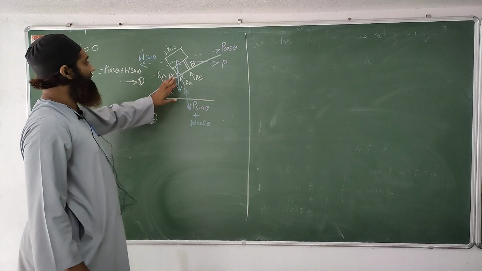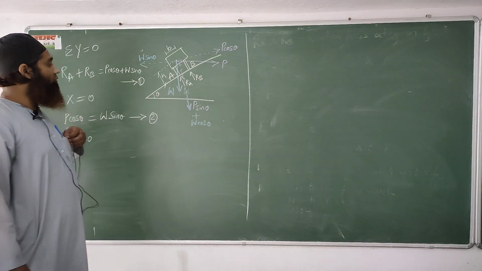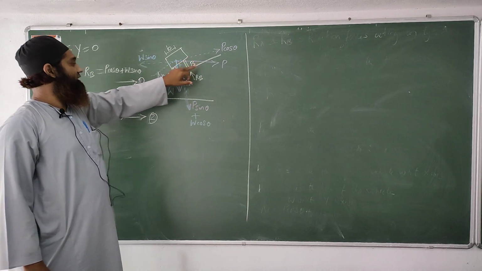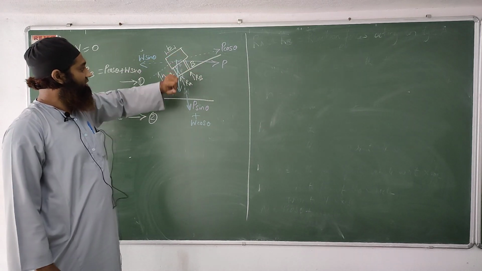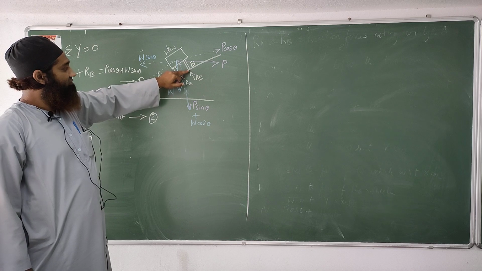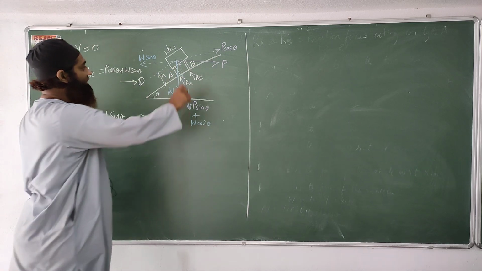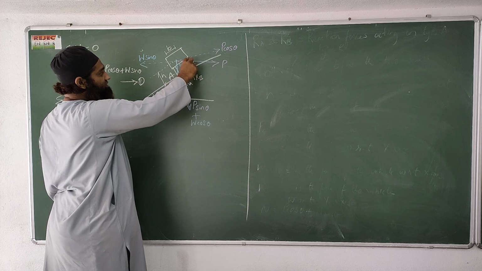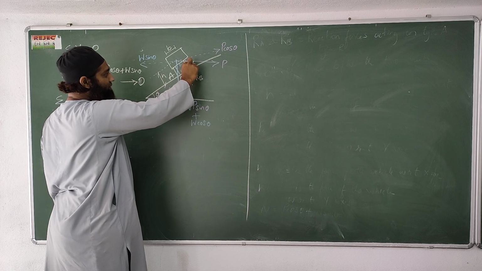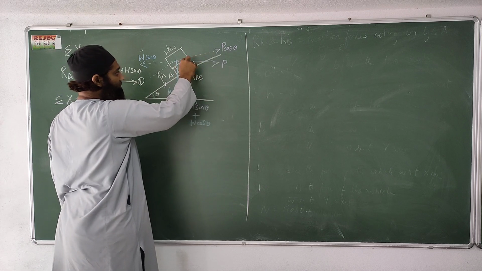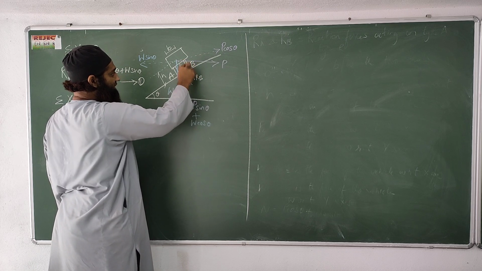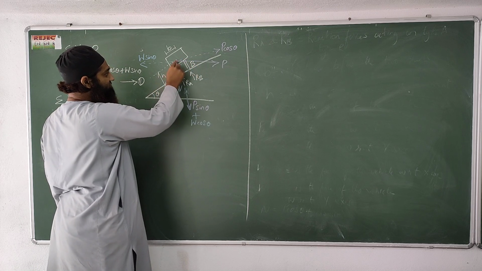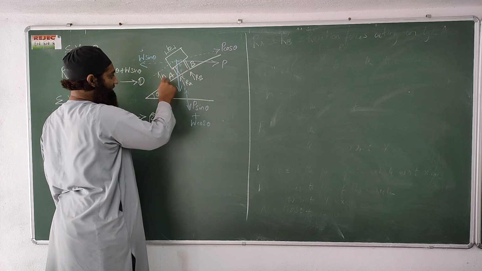Please be clear here. We have one force here, P cos theta. This is the force P cos theta that is acting here with respect to B. But what is this distance? Force into perpendicular distance. The perpendicular distance, we have taken from this point to the surface, and we are getting it as h.